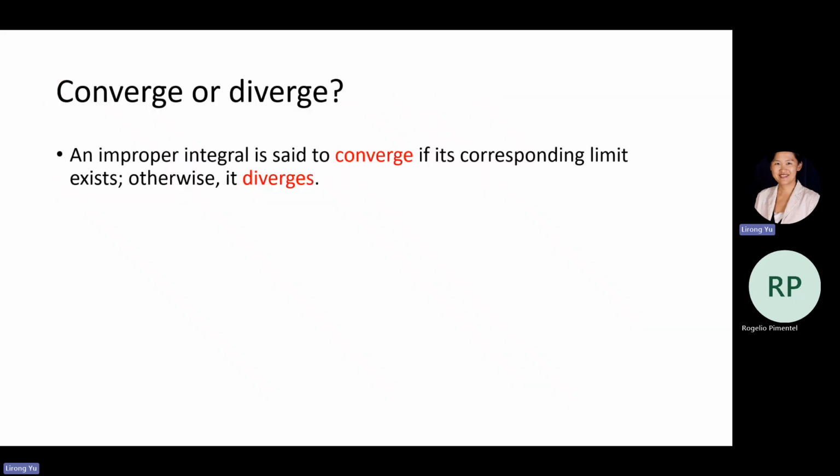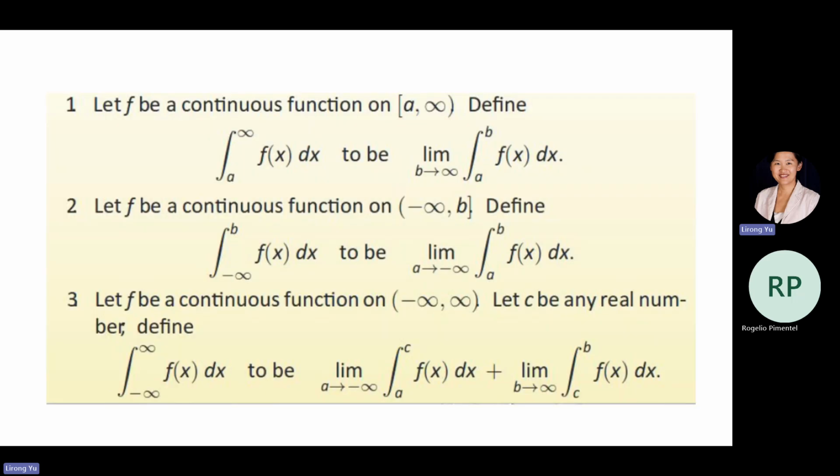And we then have this idea of converge or diverge. These are two terms we mentioned in calculus 1. When you have a limit, and we see this limit or this function converge. When the limit value equals infinity, or when the limit value does not exist, we say it diverges. Since we are using limits to study improper integrals, whenever the integration value has a limit at infinity, we say the improper integral converges.